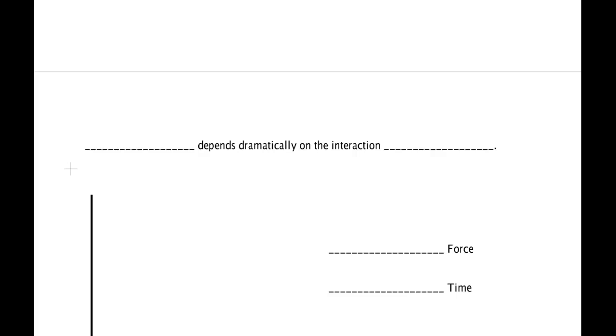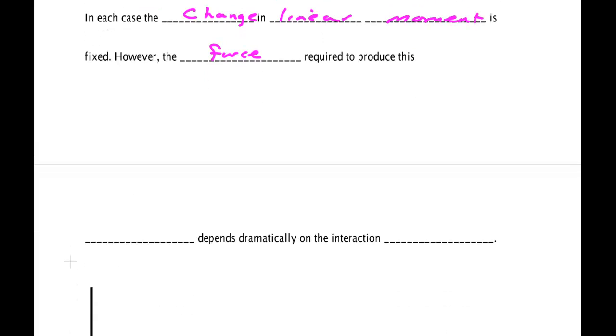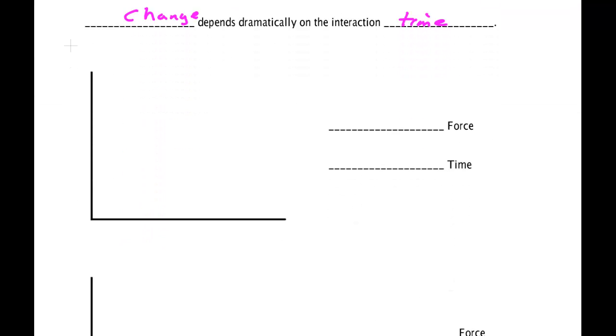Let's see what I put here. The force required to produce this change depends dramatically on the interaction time. This is one of the cool things in physics. For instance, you might have a very small force over a long time. And inside of this, you might have 100 units of area. That's delta P. So 100 seconds, 1 newton force equals 100 newton-seconds.